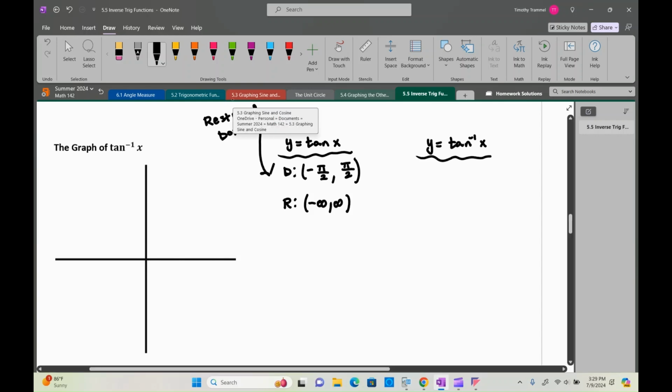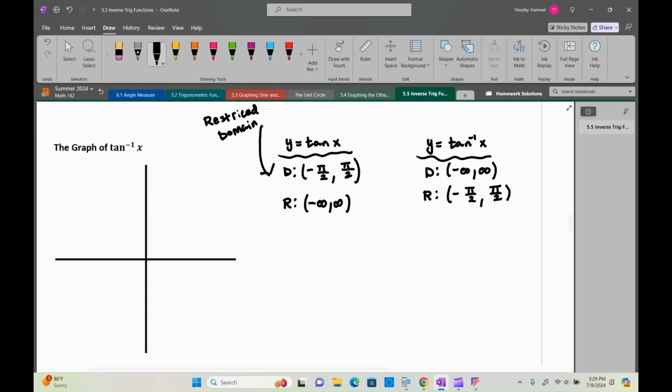Okay. So then if we switch these, that means that the domain for tangent inverse is actually all real numbers. And its range is just numbers between minus pi over 2 and pi over 2. Right?